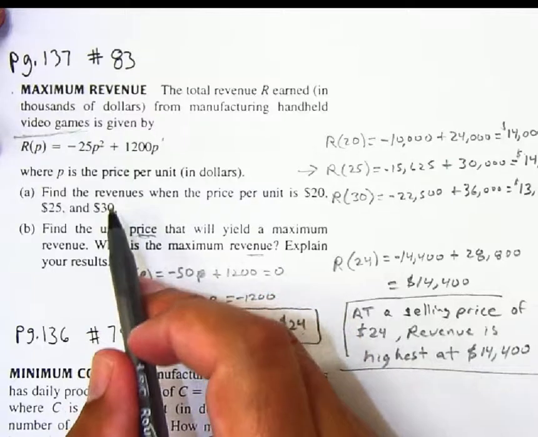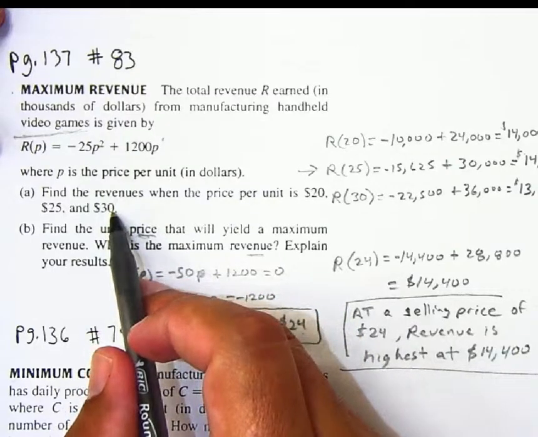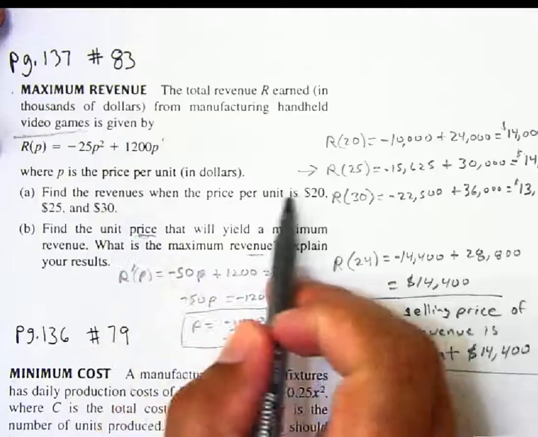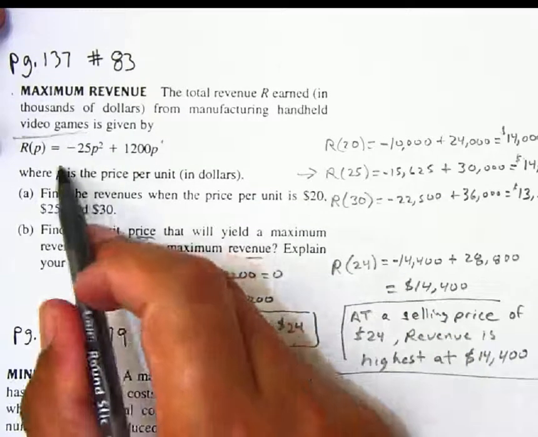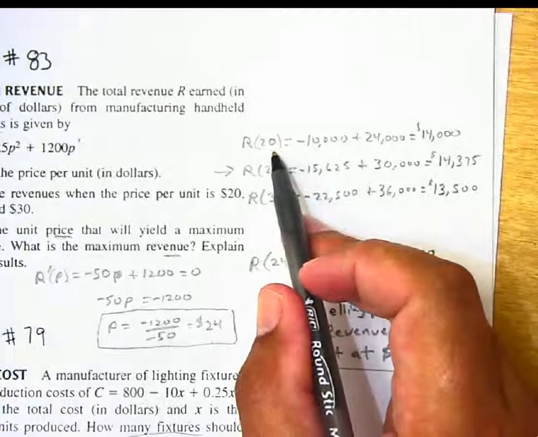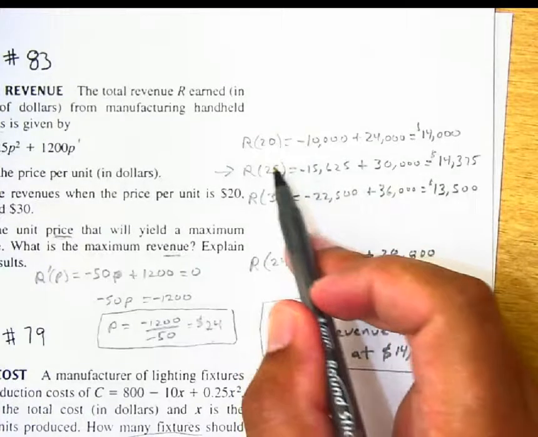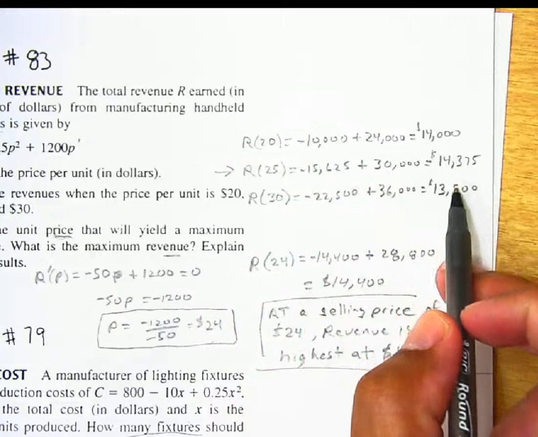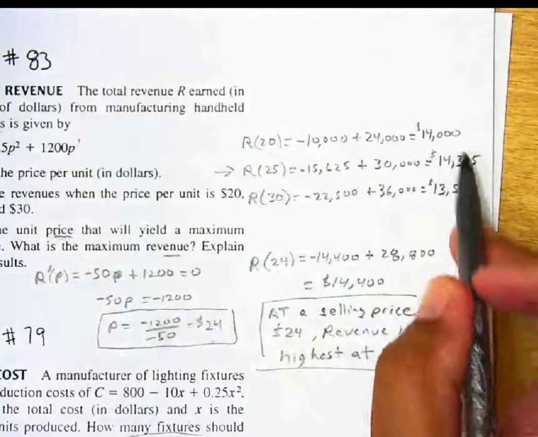But anyways, we can figure out exactly how much revenue it's going to bring in if we simply plug these values, the 20, 25, and 30, into the original equation. And that's what I've done here. We plug them in, and this is what we get, these figures.